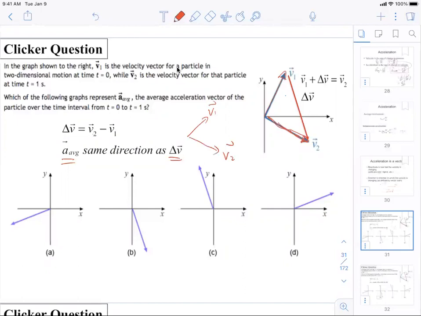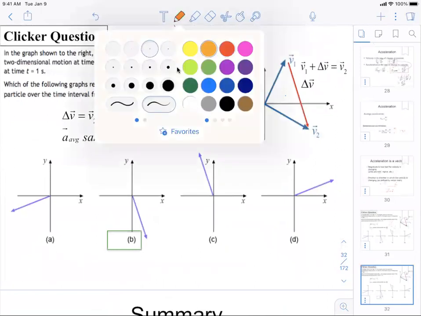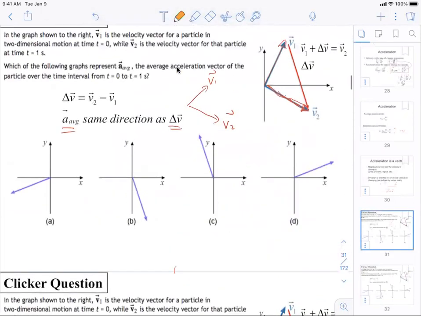I can do V2 plus negative V1, and that gives me a direction going down this way. That's delta V. Or V1 plus delta V gives me V2, and I can also find my delta V this way. So my delta V is pointing diagonally downward, which means my acceleration is in this direction.